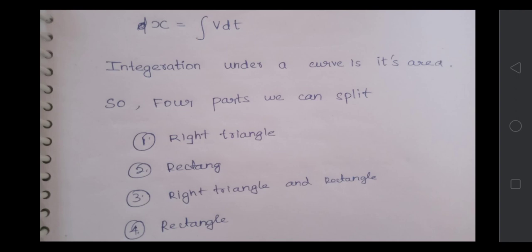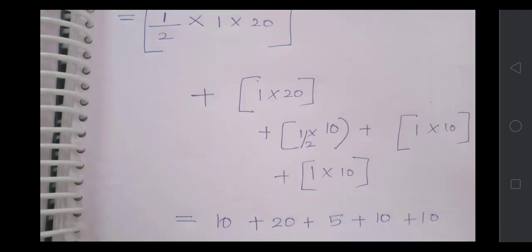So you have to find the area of these four figures, and you know the formulas too. Right angle triangle, half into b into h; rectangle, l into b. When you apply those, b is the breadth, that is 1 second, and 20 meter, and if you substitute you'll get the answer as 55 meter.